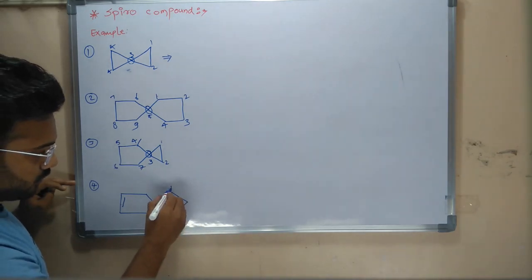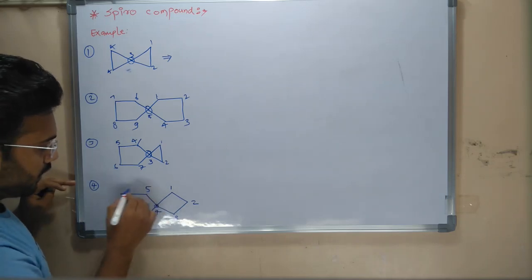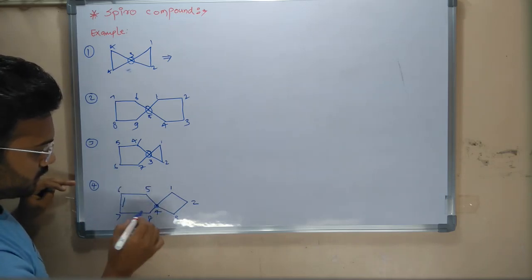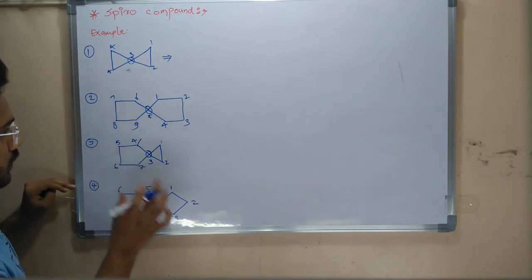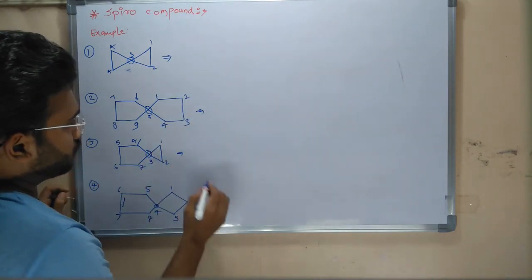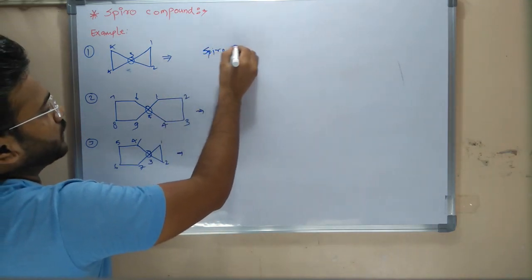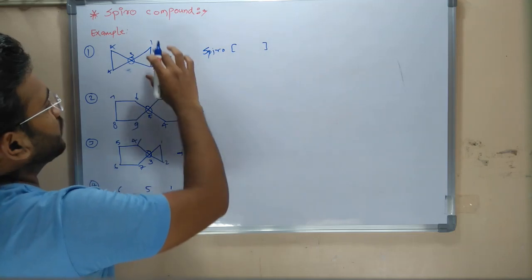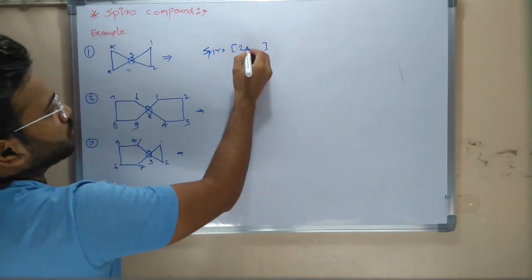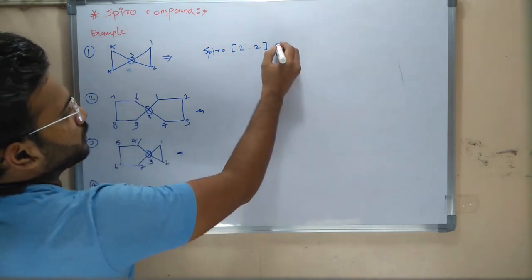Then 1, 2, 3, 4, 5, 6, 7, 8, total number of carbon atoms 8. Now you know that first you have to write the prefix spiro, then the number of carbon atoms in the rings, 2 and 2, that's why 2.2, total number of carbon atoms 5, that's why you have to write pentane.